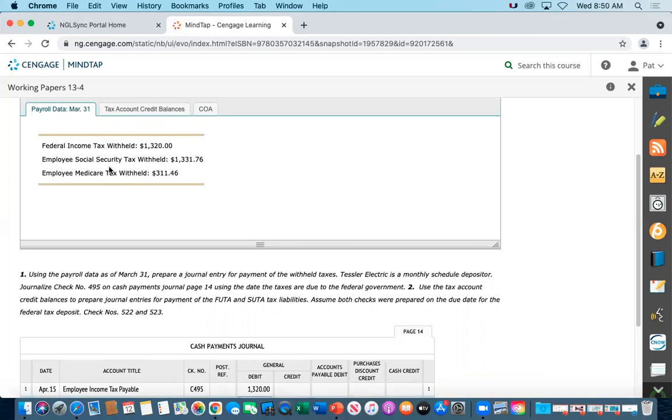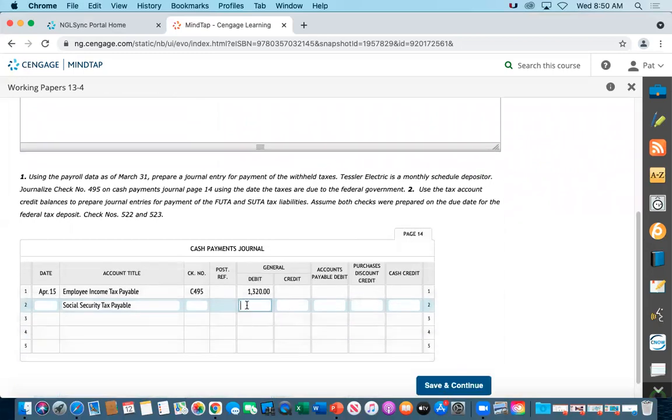Well, we know we have to match this from what we withheld from them. So you need to take 1,331.76, multiply it by 2 to get what our payment is. And the payment is 2,663.52.